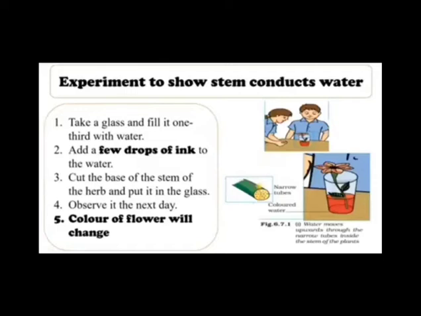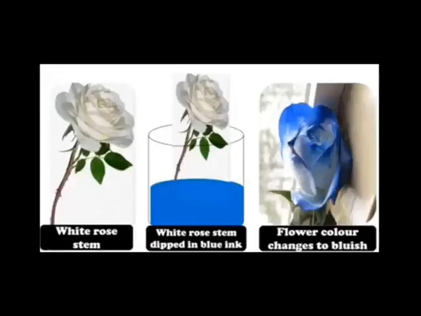So now we have one more example here. Here we have taken the white rose stem. We have dipped the white rose stem in blue ink, and after a few days what we observe is the color of the flower changes to bluish.